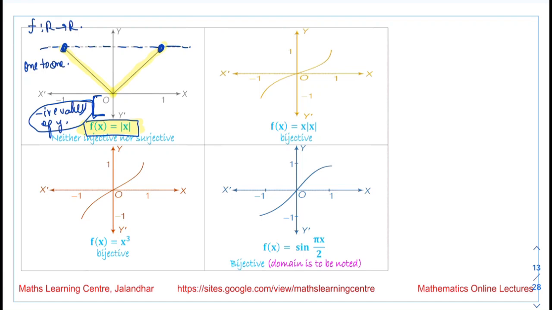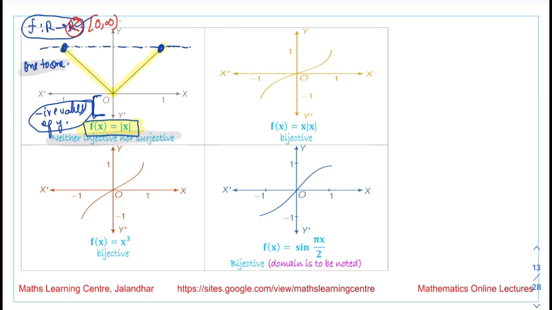It means if we consider the codomain as R, then this function is neither one-one nor onto, that is, it is neither surjective nor injective. But if we consider the codomain to be the interval [0, ∞), then this function will become an onto function.